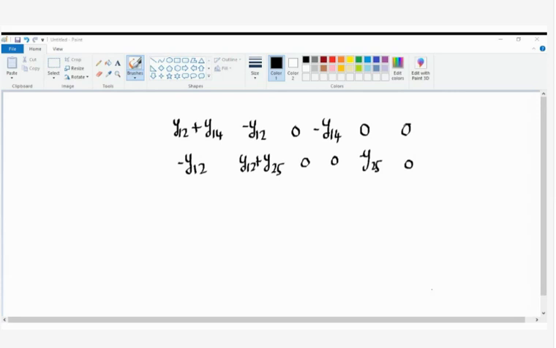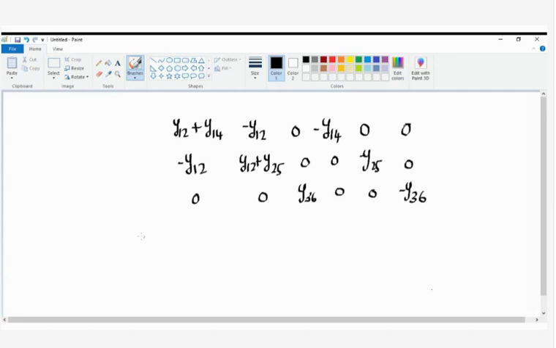Okay, then with node 3 there is only one connection, that is Y36. Right? So node 3 would be 0, 0, Y36, 0, 0, minus Y36, and node 4 is only one connection, that is Y14.